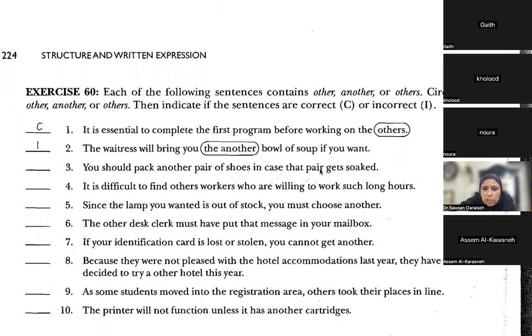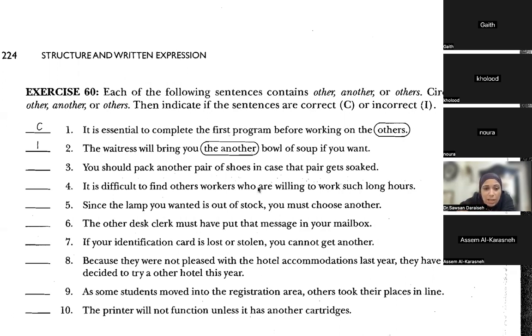So he or she tells you, take another pair of shoes. Why? Because you never know. That pair that you only took could get soaked with water. You need an extra pair, right? You don't want to start looking for shops to shop for shoes, all right?